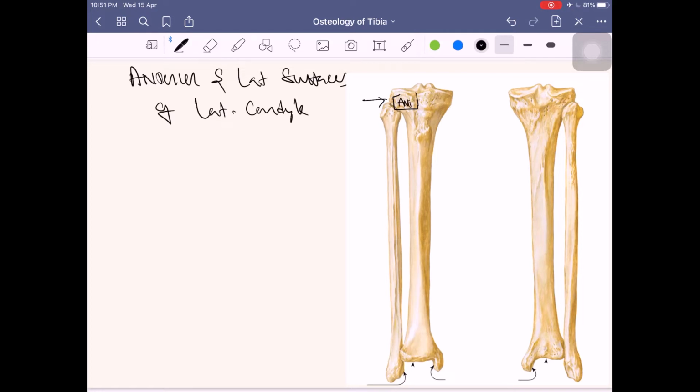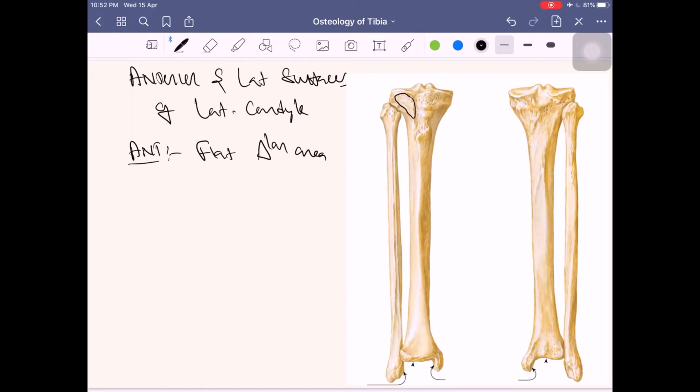Now if you observe the anterior surface, one thing you can very clearly notice, if you can follow this, is a small impression. That is a small flat triangular area in the anterior surface.